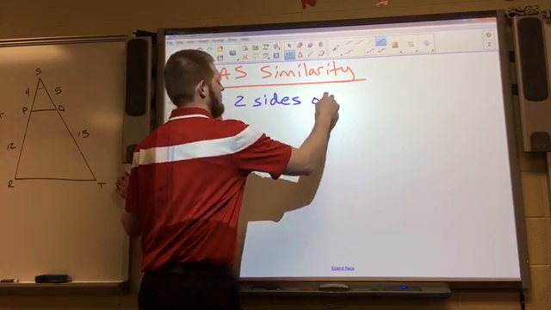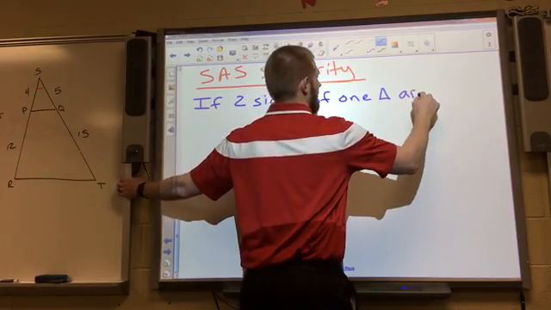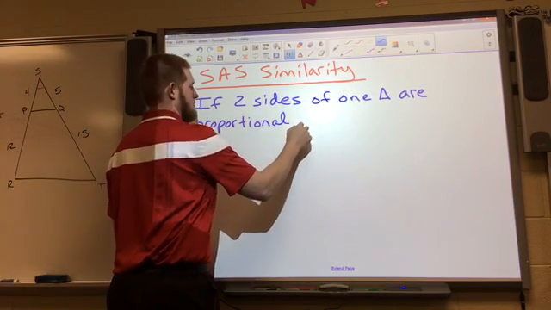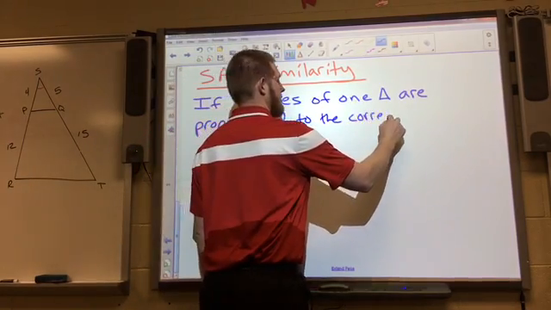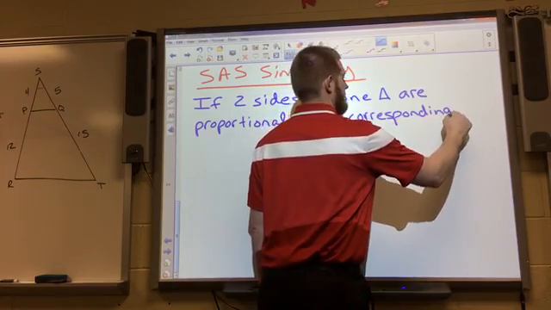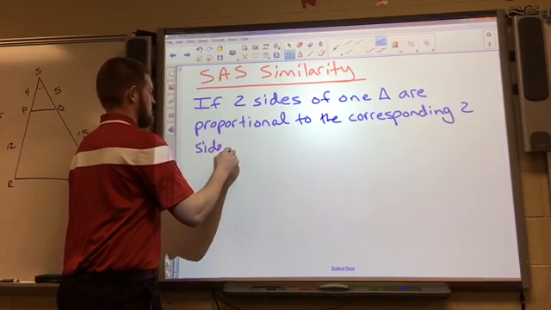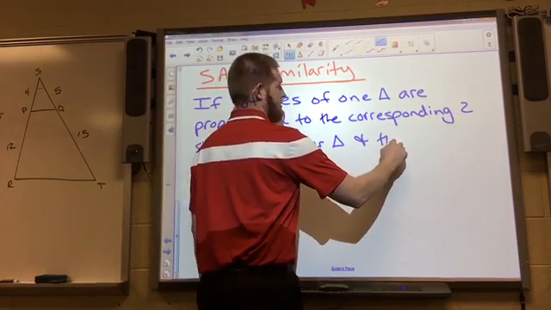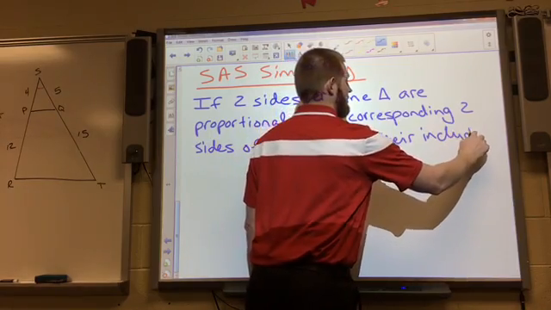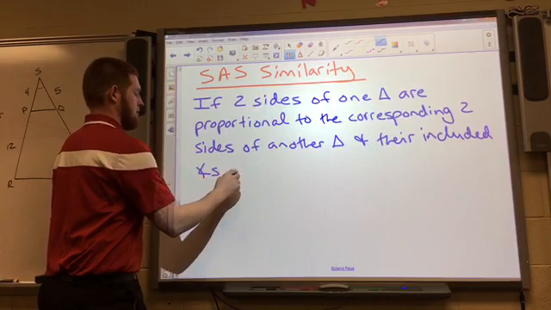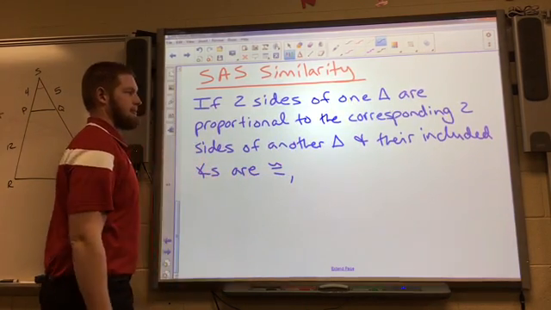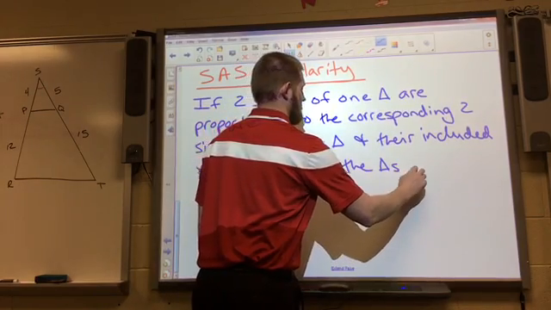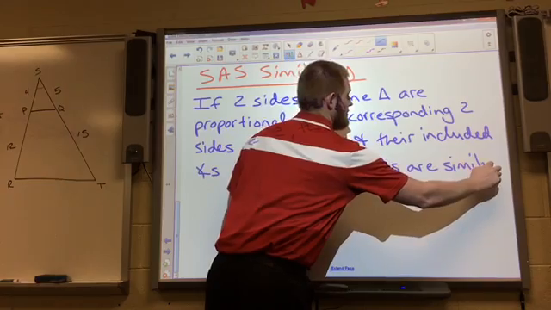two sides of one triangle are proportional to the corresponding two sides of another triangle, and their included angles are congruent, then the triangles are similar.